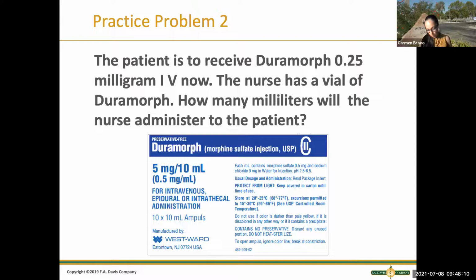Okay, this other problem: the patient is to receive Duramorph, this is morphine, 0.25 milligrams IV now, and the nurse has a vial of Duramorph. How many mLs will the nurse administer?